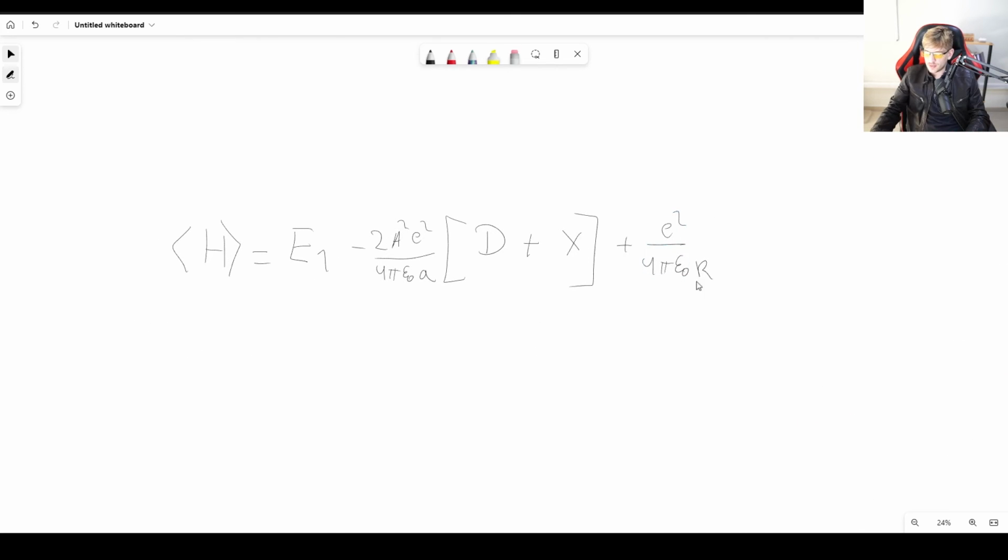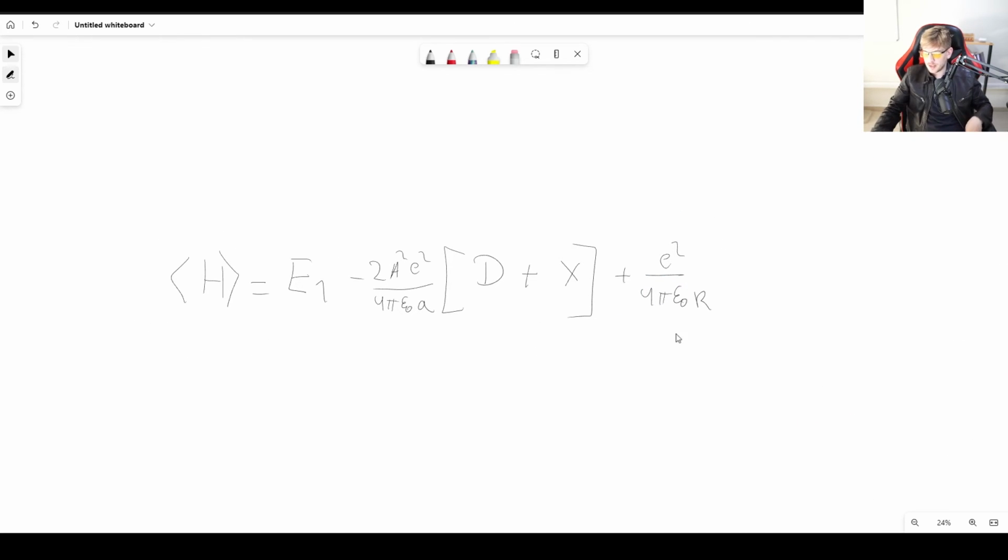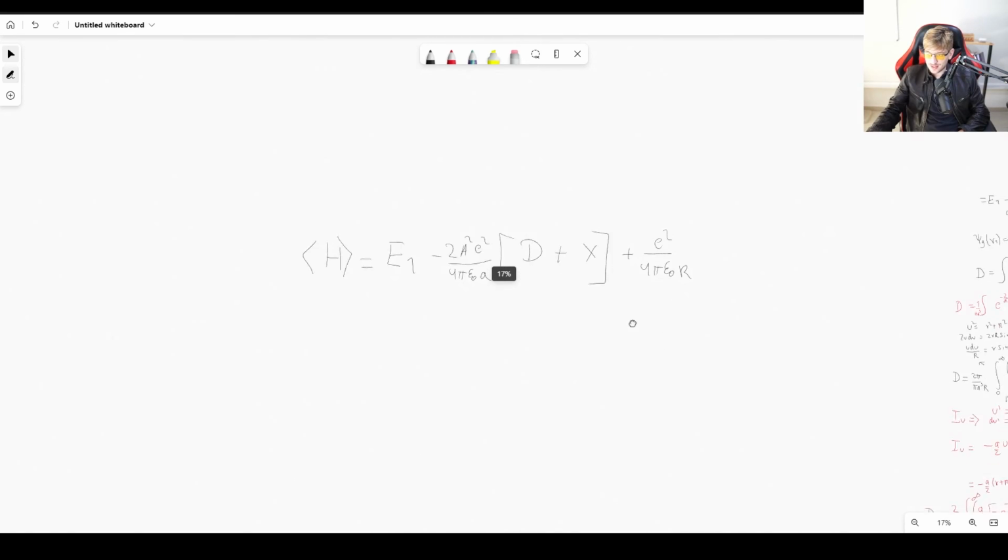Okay, so there we have the proton part again. Now we need to plug everything back in here. So how do we plan on doing that? Well, with a lot of effort, that's all that it's going to be.